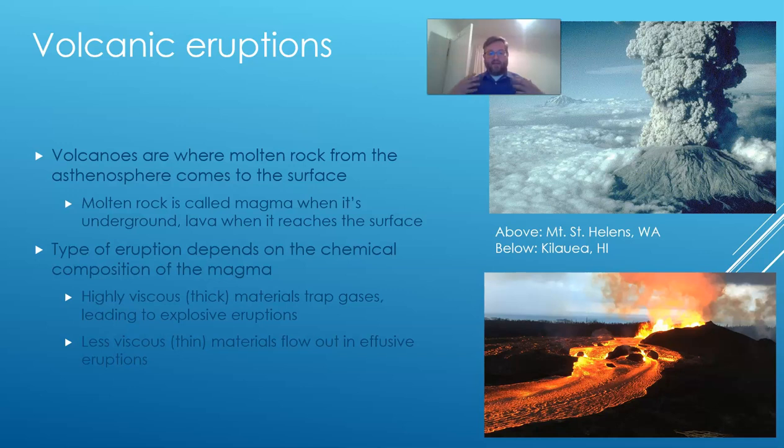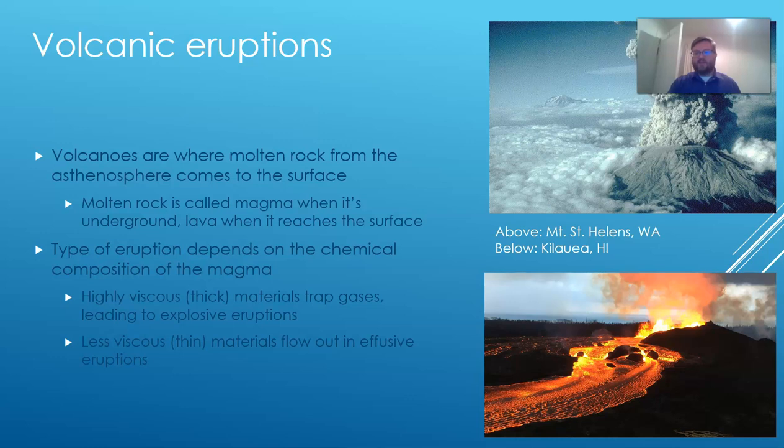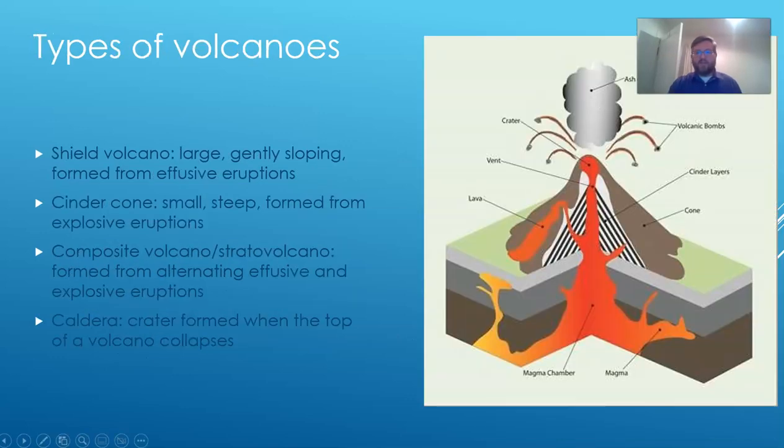Because there we have a less viscous, thinner consistency to that lava. So the gases have mostly escaped from it, and it's now just flowing downhill in this kind of eruption. So we have these two different kinds of eruptions that are going to happen from different sorts of volcanoes.